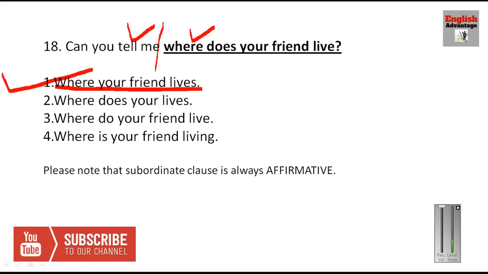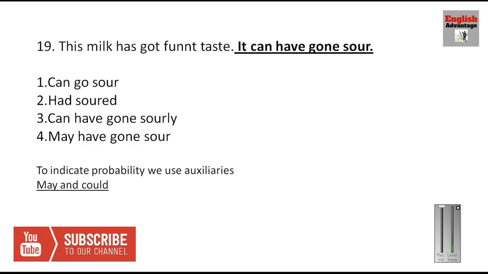This is a part of the main sentence, and this part has to be written in affirmative. So you have to say where your friend lives. You can say where does your friend live, but with the main clause you have to say where your friend lives. Now let us see the next sentence.